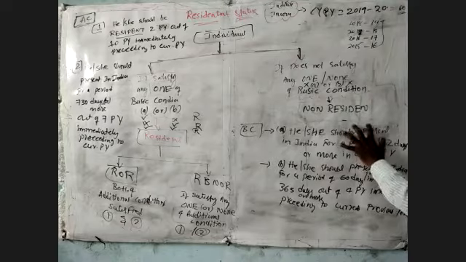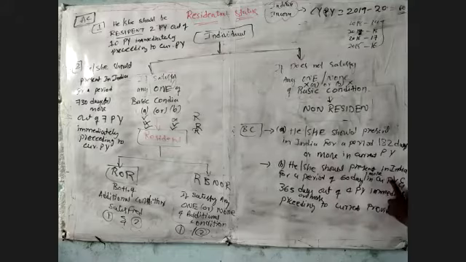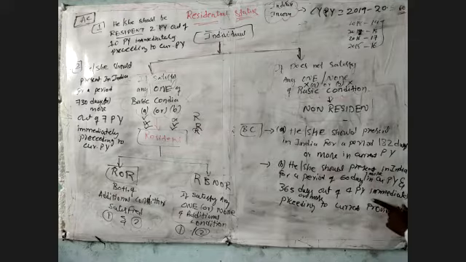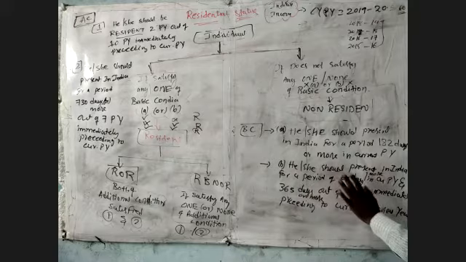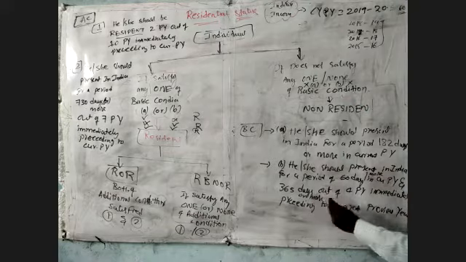Okay. If A is not satisfied, you check B. What does B say? He or she should be present in India for a period of 60 days and 365 days out of 4 years immediately preceding the current previous year, right? Then basic conditions are over.